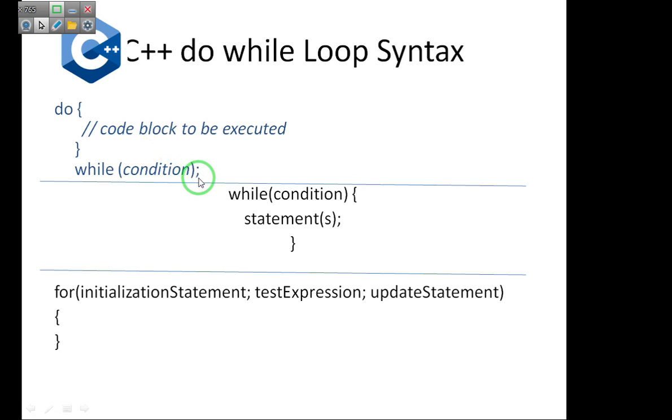This is another important point from the syntax point of view, that most of the students make mistakes here: we do not have a terminator in while, but we have a terminator in the do while loop. So keep this in your mind, don't make mistakes. Clear?